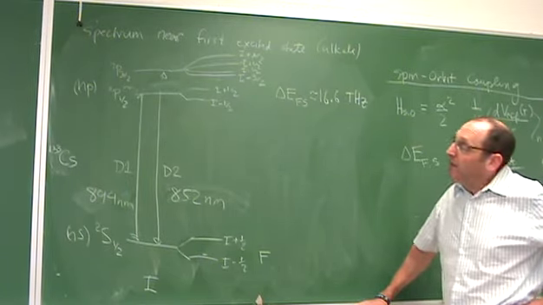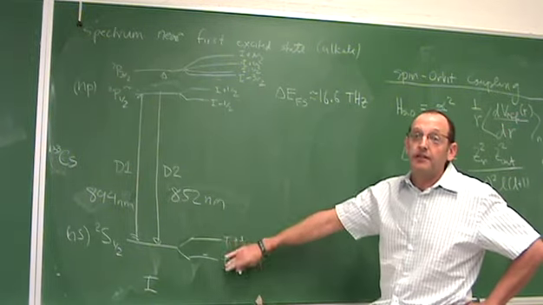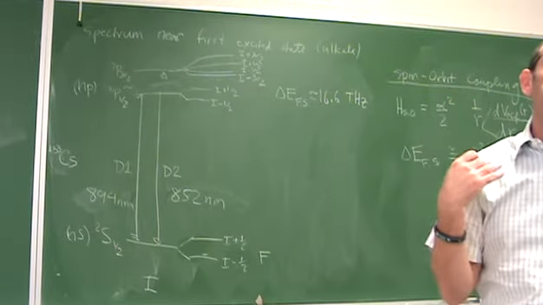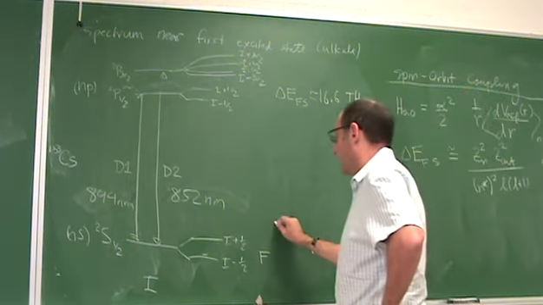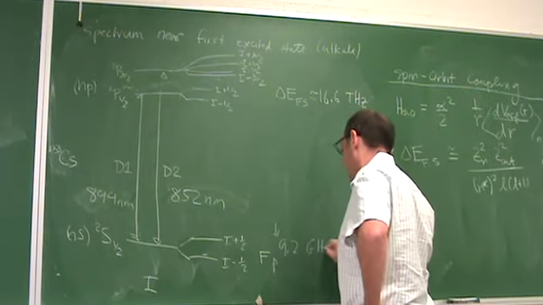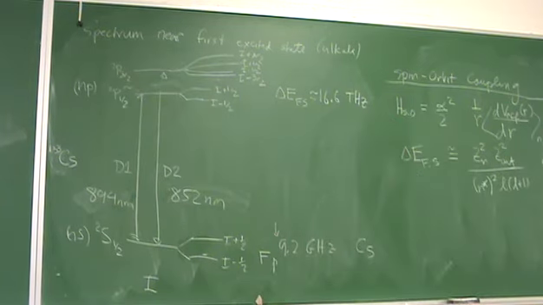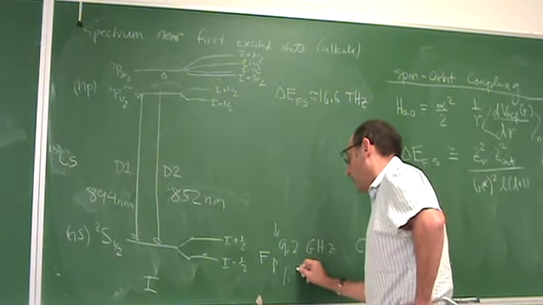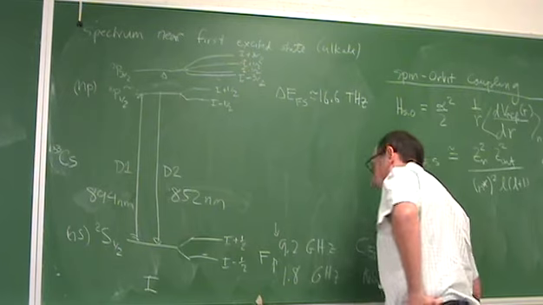Moreover, the hyperfine structure is also bigger because that depends on, again, the speeds of the electrons because it's a magnetic effect. So in cesium, this ground state splitting is on the order of 9.2 gigahertz, and for sodium, it's 1.8 gigahertz.